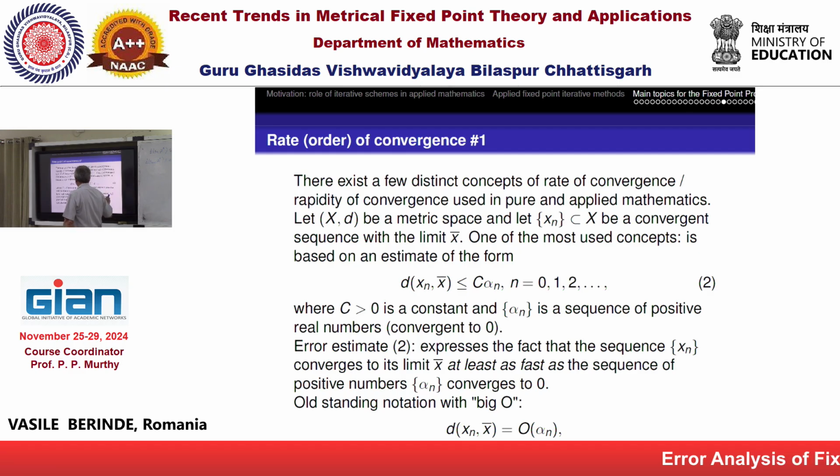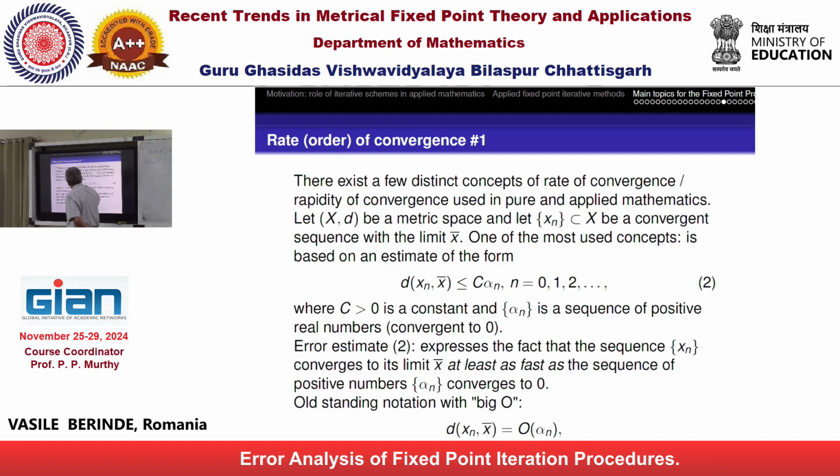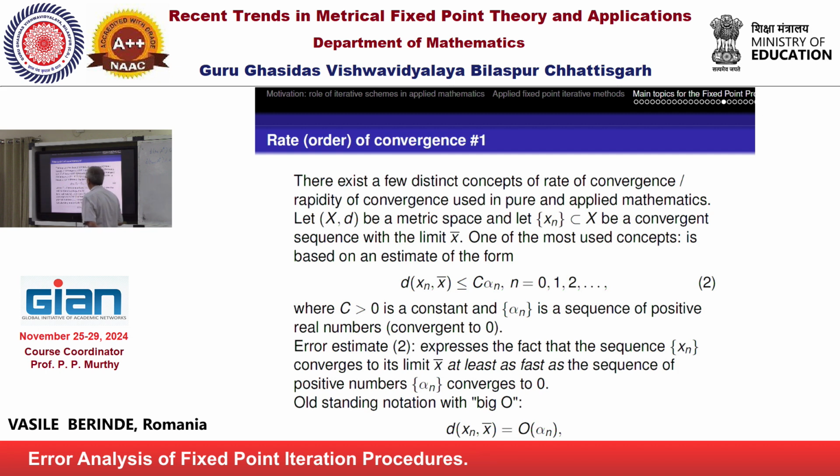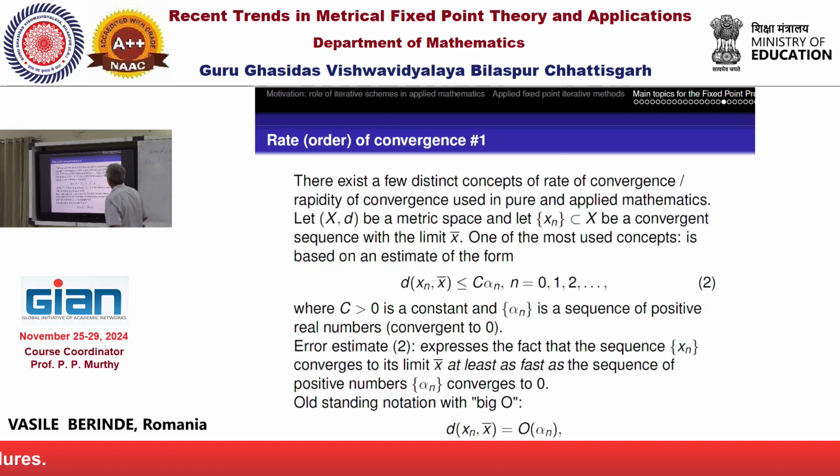The sequence xn converges to x bar at least as fast as this sequence alpha n of positive numbers converges to 0. There is an old notation for this kind of error estimate with big O. So this means this distance is O of alpha n. This is one order of convergence.